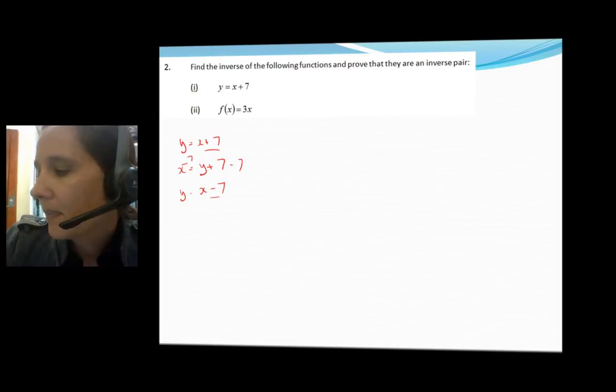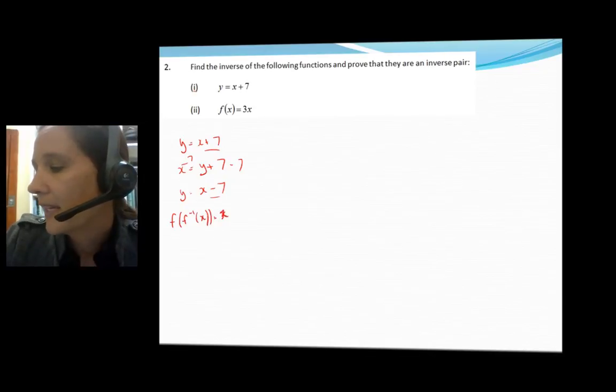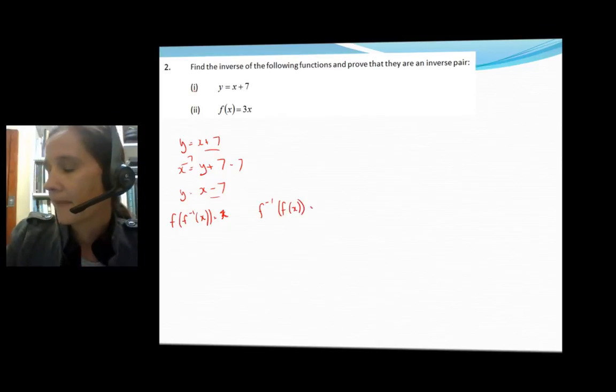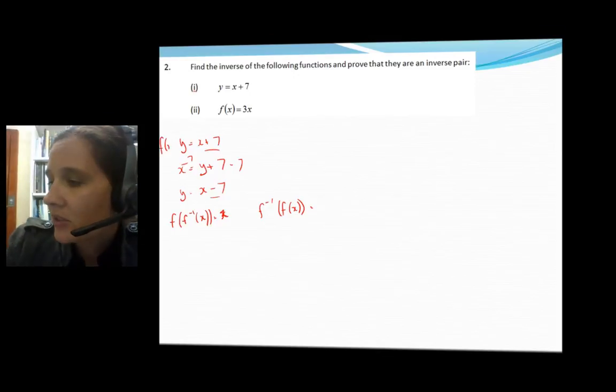So here we're saying our function of our inverse function of x is equal to x. We'll put that in. And we want our inverse function of our function of x. So here this is our function of x, and this is our inverse function of x.